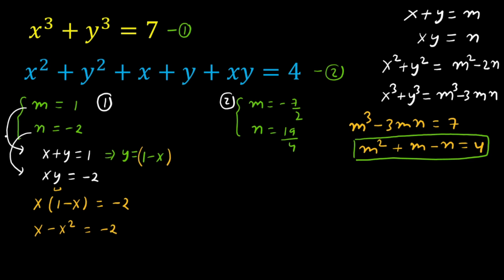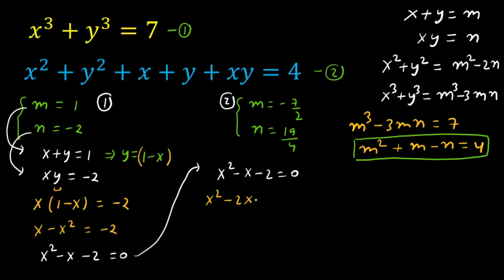If we take all the expression on the same side, then x square minus x minus 2 is equal to 0. This is a quadratic equation, x square minus x minus 2 equals 0. Now we will apply middle term split and then find the value of x. Then x square minus x is the same as x square minus 2x plus x minus 2, equal to 0.